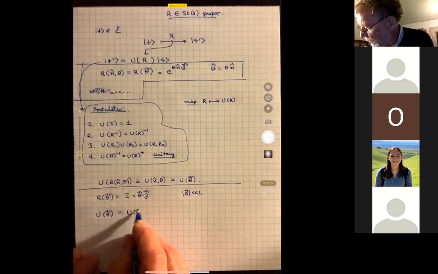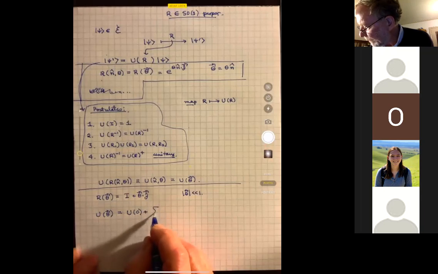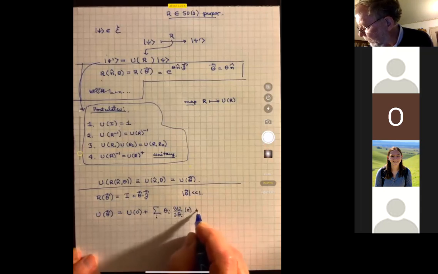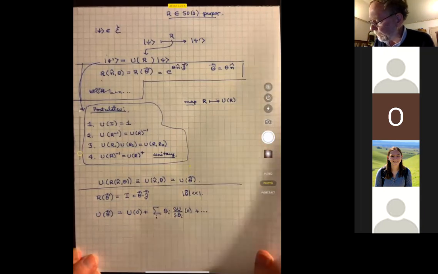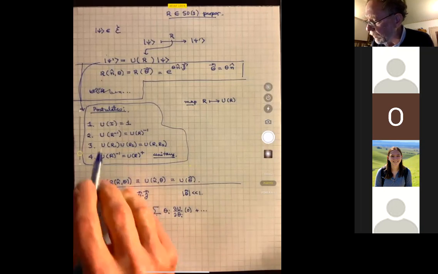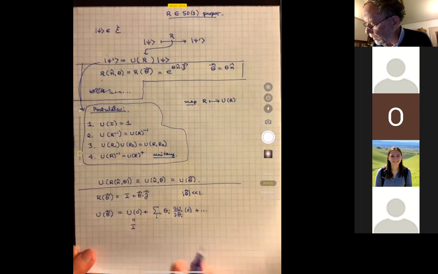We don't know what U is, but we can expand it in a Taylor series. It's given by U of 0, plus the correction term, the sum over i of theta i times the partial of U with respect to theta i evaluated at 0, plus dot, dot, dot. Okay. Now, U of 0 by our first postulate is equal to the identity. So we know that term, but now we've got this first correction term.